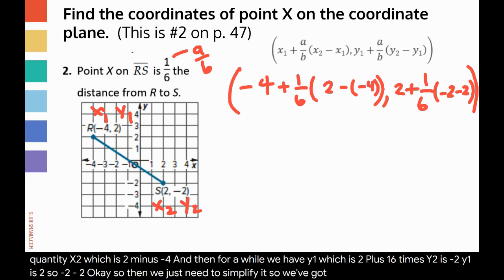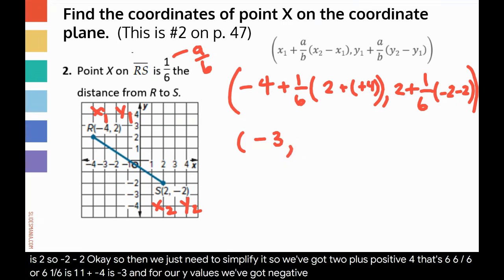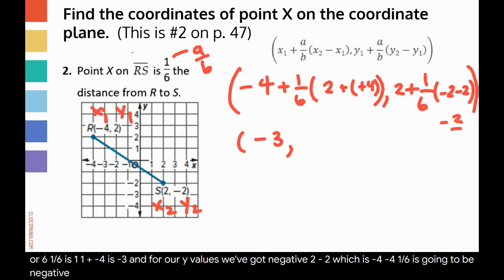So we've got 2 plus 4. That's 6. 6 times 1/6 is 1. 1 plus -4 is -3. And for our y values, we've got -2 minus 2, which is -4. -4 times 1/6 is going to be -2/3.